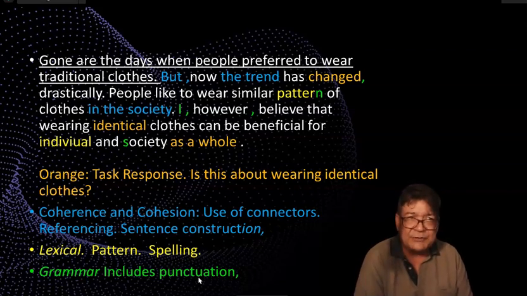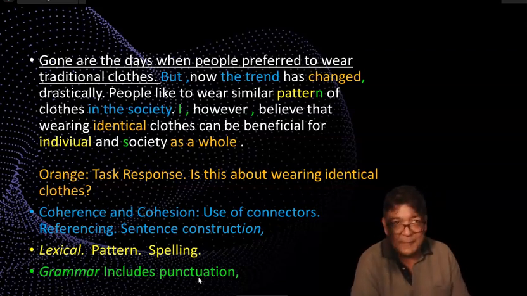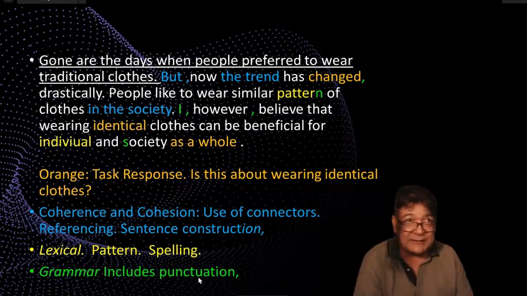All right, and blue is coherence and cohesion, the use of connections, connectors, referencing, and sentence construction. So here in this example, don't start a sentence with but, especially since in the next sentence you use however. Referencing, I mentioned that with the trend, what trend, and sentence construction.